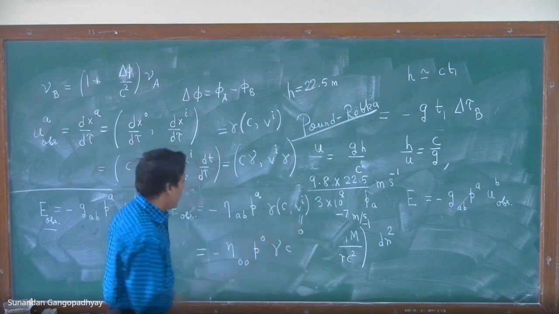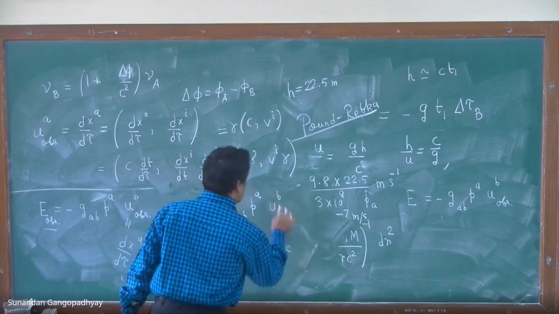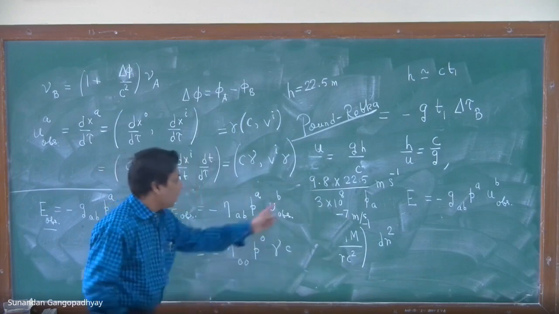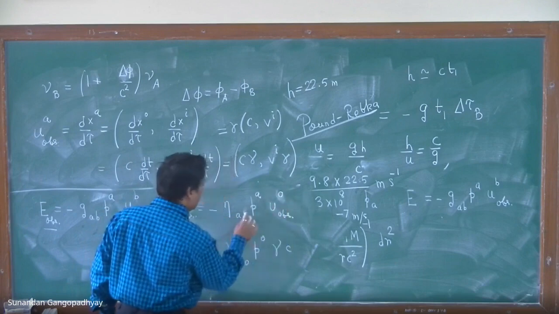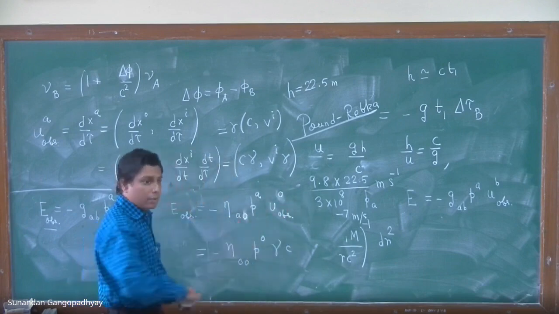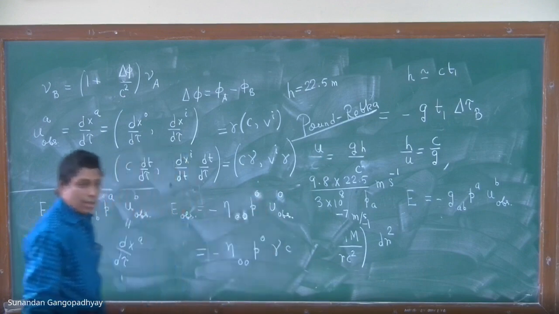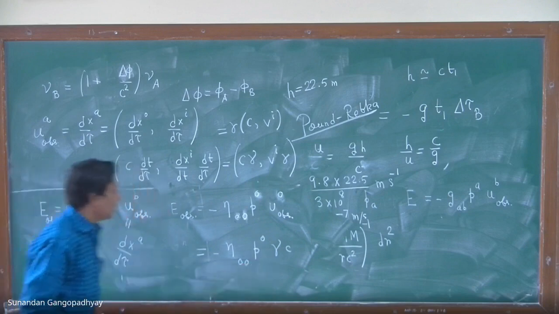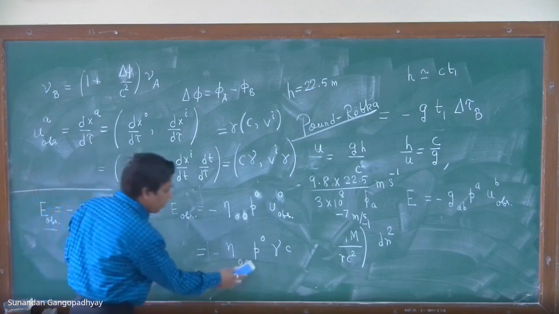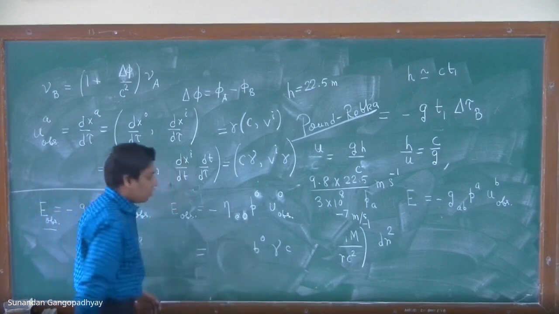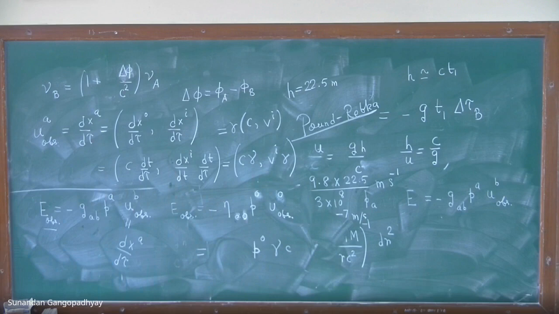So I can just write this to be 0. But eta is diagonal, therefore this must also be 0, and therefore this must also be 0. By the way, repeated indices are summed over. So this is what we get here, and u^0 observer is gamma c. Eta 00, the signature that we are using is minus 1, so this is 1. And what is p^0? E by c, right?